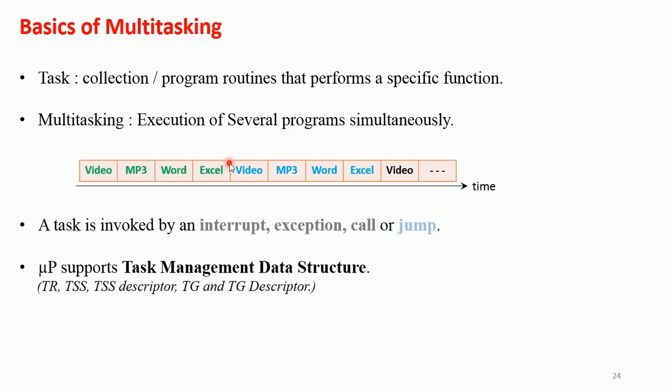Each task will be given some time, and during that time the tasks are getting executed one by one. So this is what is called multitasking. Your microprocessor is switching from one task to another task very rapidly.